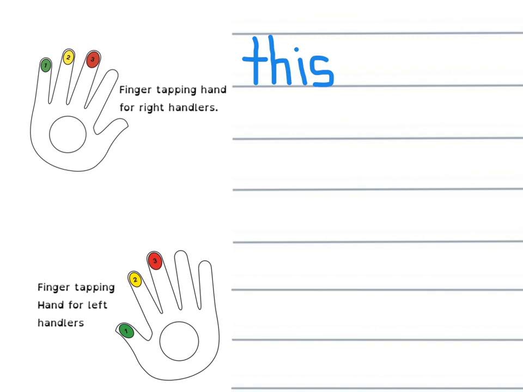And now I'm going to highlight the digraph. All right, your next word, that. Pound that. Flip and float. Tap. At. Go ahead and write.